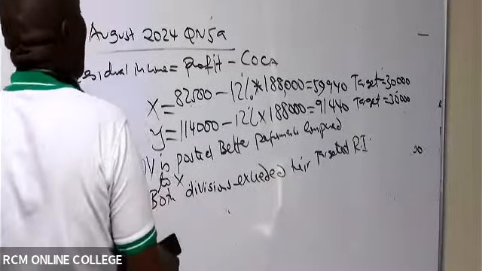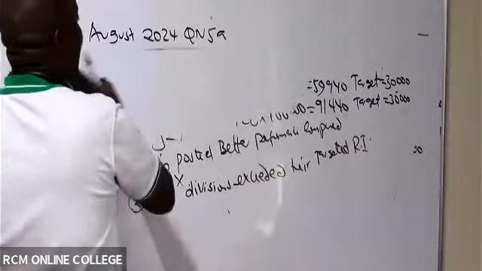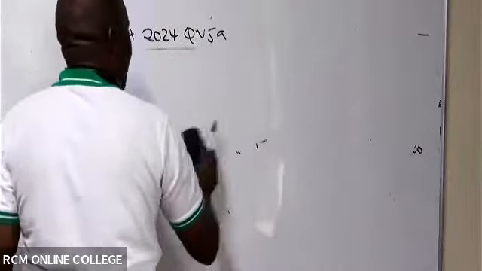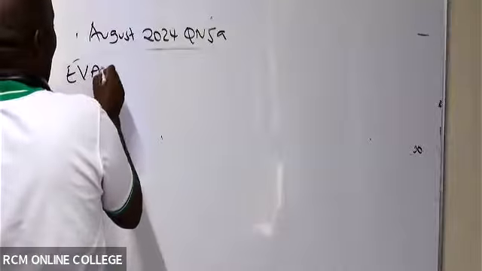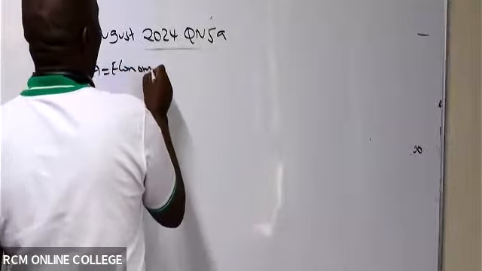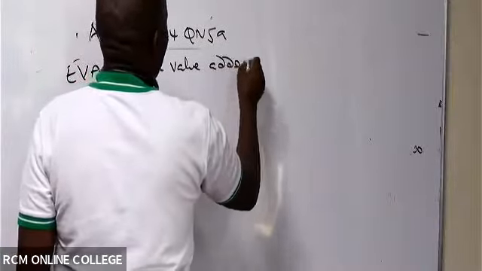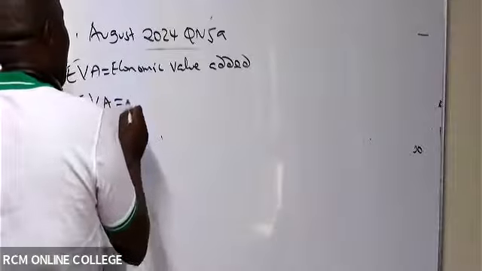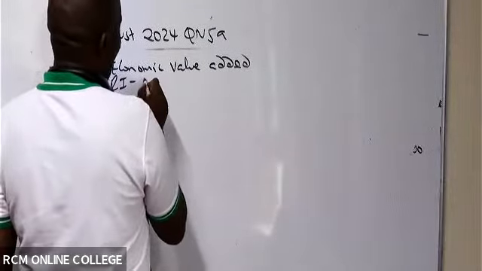EVA, economic value added, is very similar to residual income. In residual income, we talk of what here?